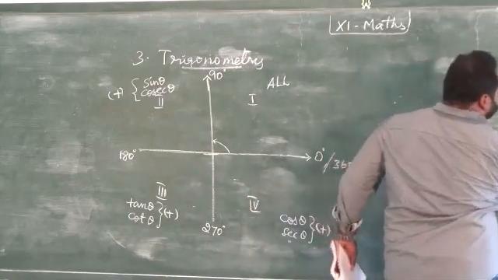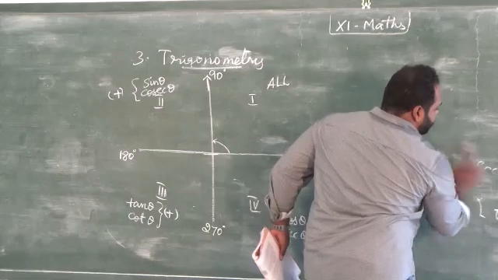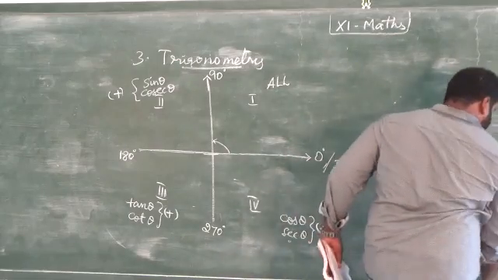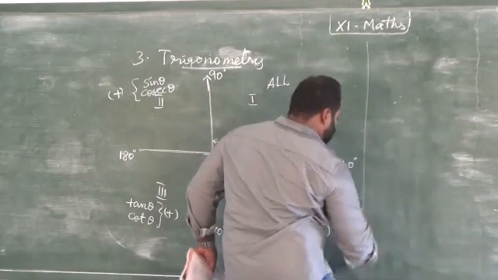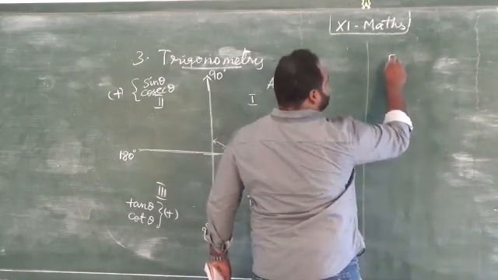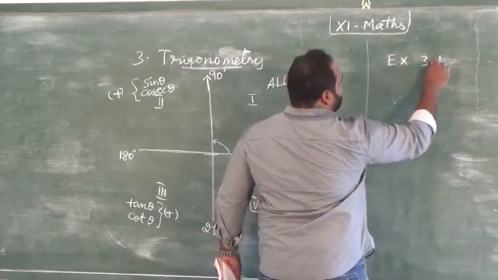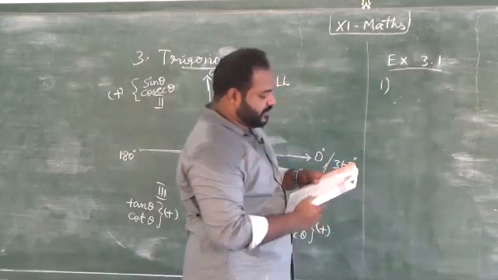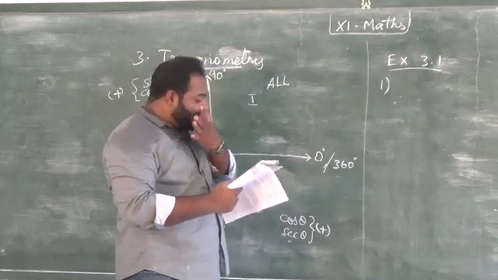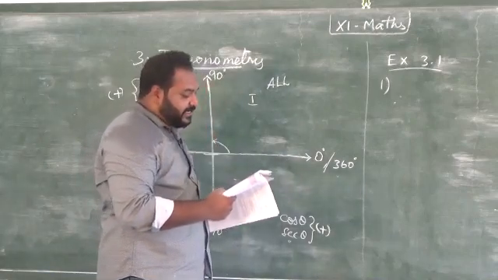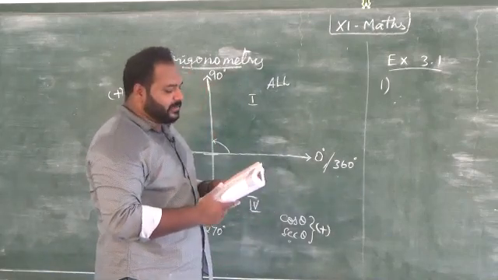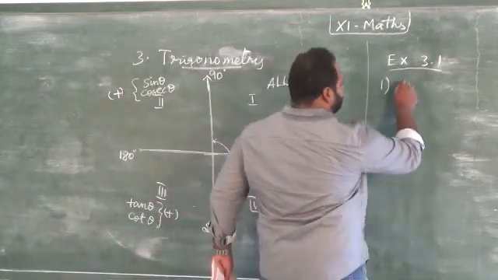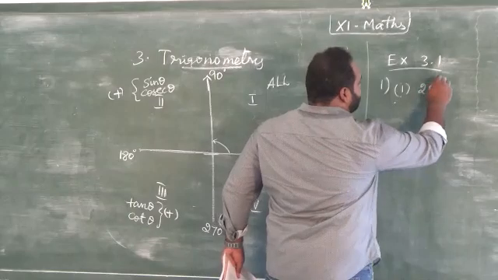Now exercise 3.1. First question, we have 5 subdivisions. Identify the quadrant in which an angle of each given measure lies. The first subdivision is 25 degree.